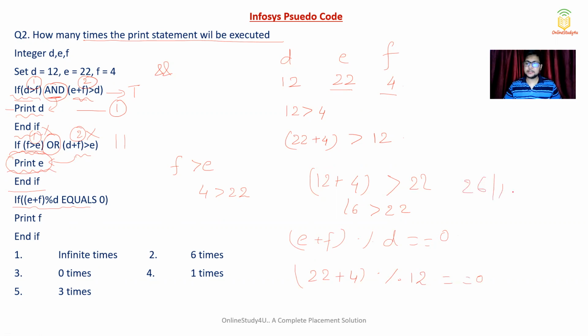If we divide 26 by 12, will the remainder be 0? No, the remainder won't be 0. It will be 2, because 12 twos are 24 and the remainder is 2. So this condition is also not satisfied, and it won't print in this if as well.